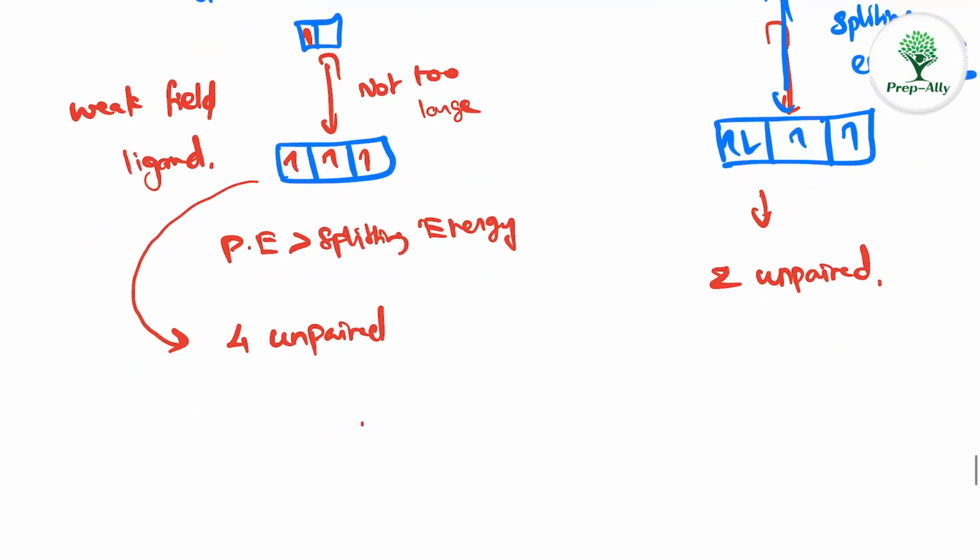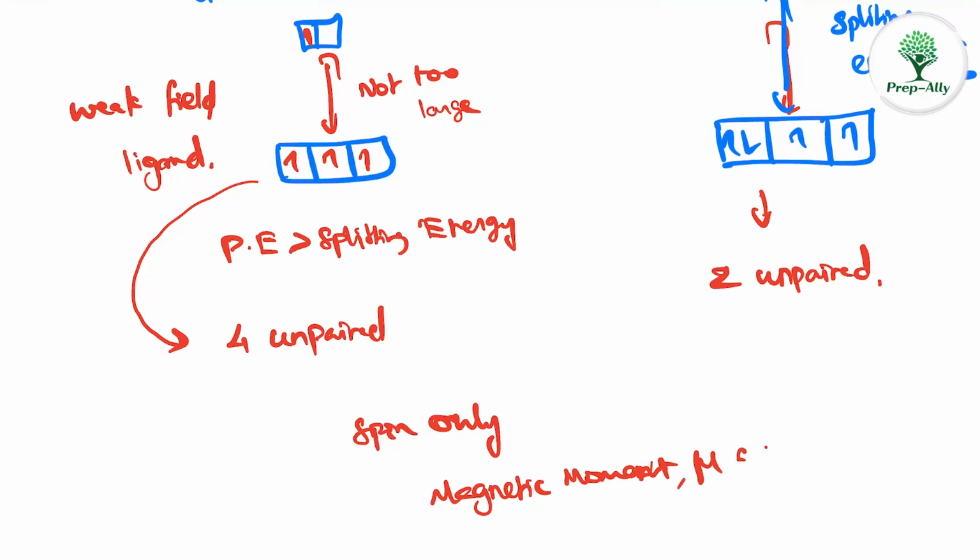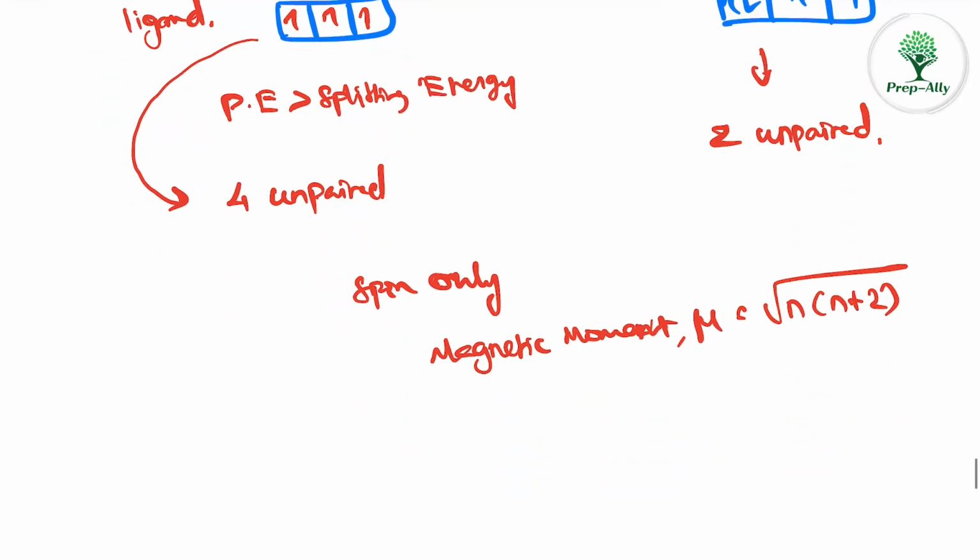So how to find the spin only magnetic moment? Mu is equal to root of n into n plus 2. n is nothing but the number of unpaired electrons in a compound.